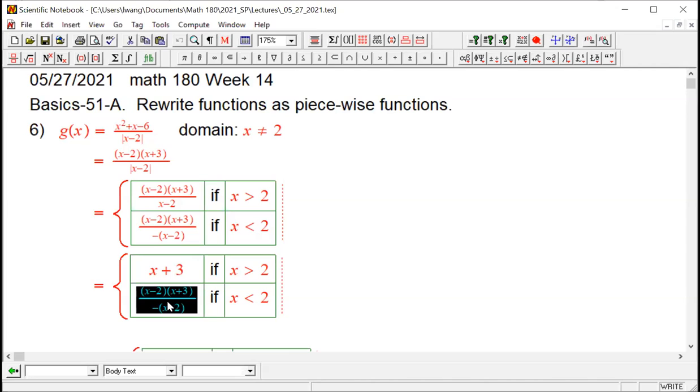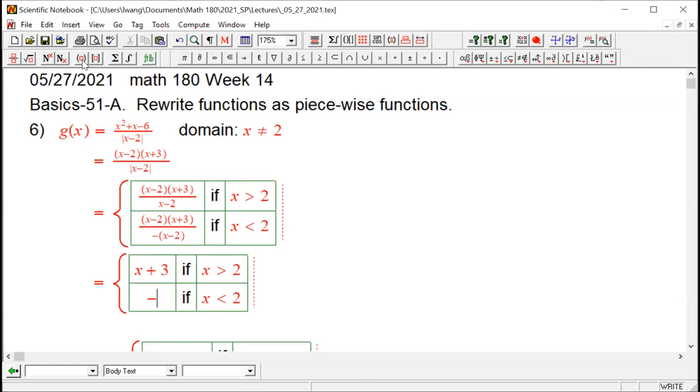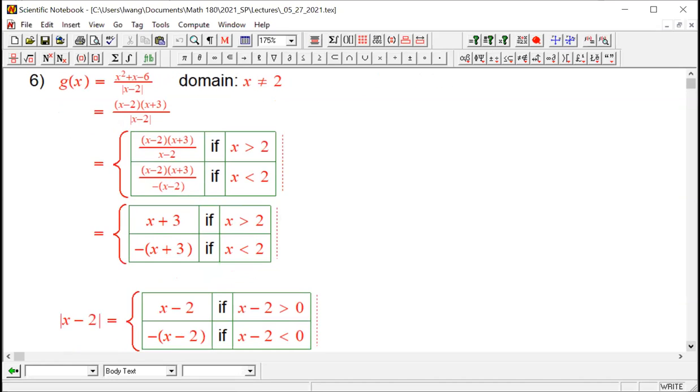And this next one is the negative of x plus 3. That's it. You see how that's been done?